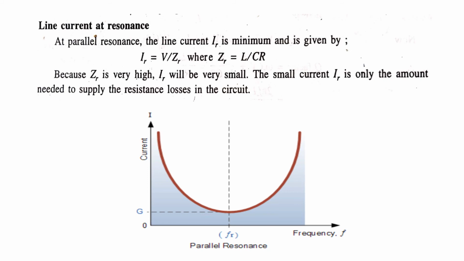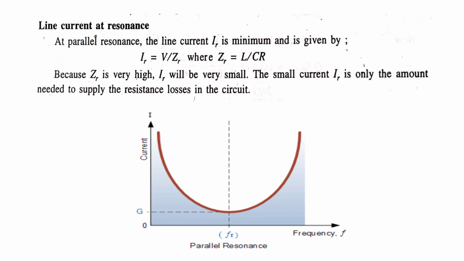Line current at resonance. At parallel resonance, the line current IR is minimum and is given by IR equal to V upon ZR, where ZR equal to L upon CR. Because ZR is very high, as we have seen in the earlier PPT, IR will be very small. The small current IR is only the amount needed to supply the resistance losses in the circuit.